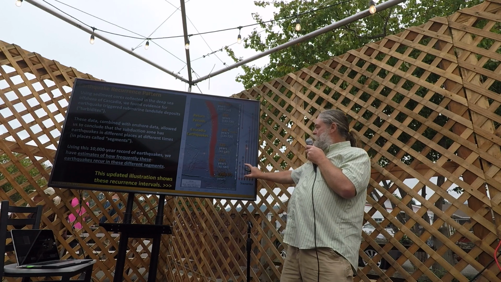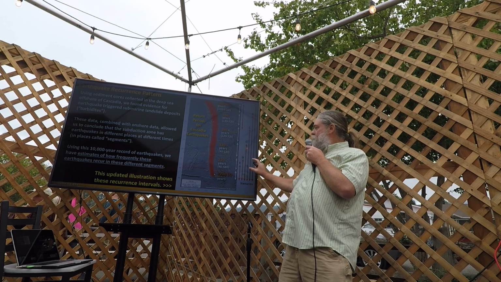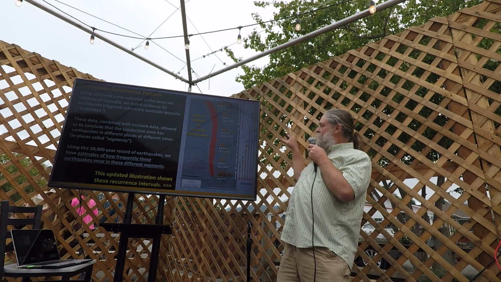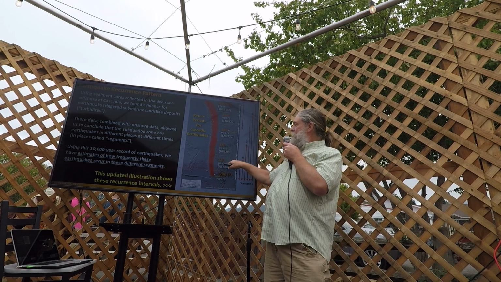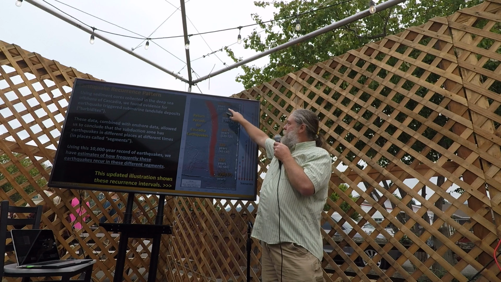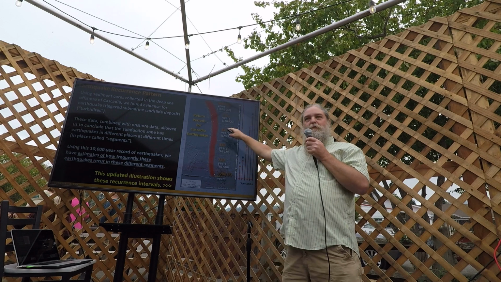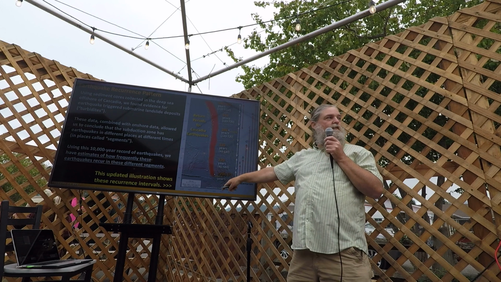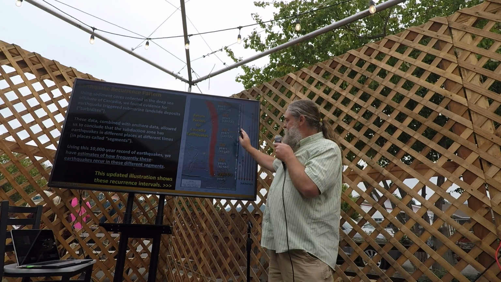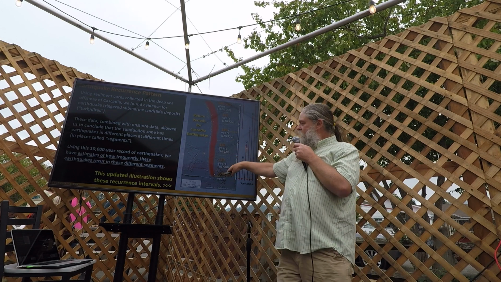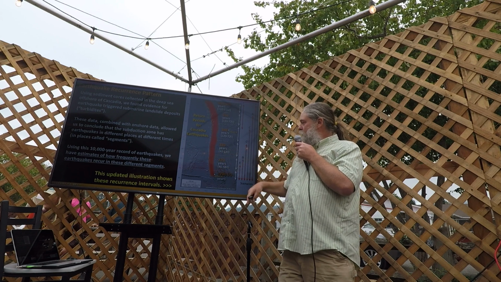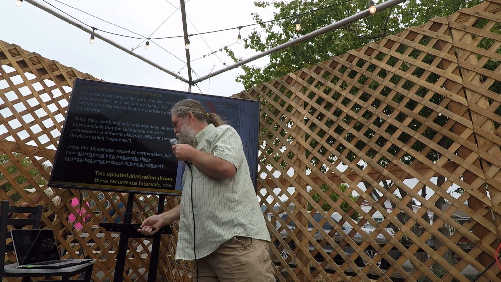And it looks like the subduction zone ruptures in different segments at different times. And so these different areas have different return periods. So these are the average time between subduction zone earthquakes for each of those areas. And you can see in southern Oregon, northern California, the average time between earthquakes is about 220 years.